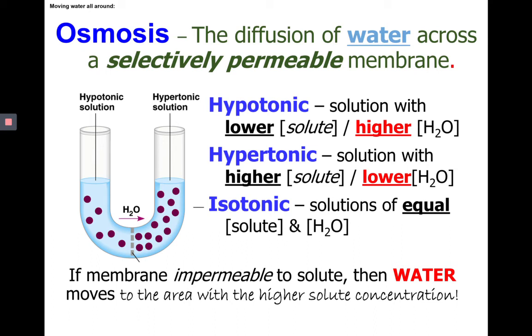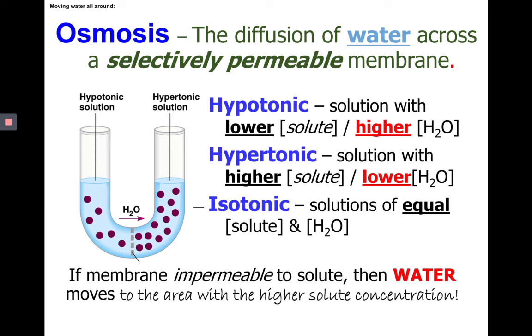Now in this U-shaped beaker, with a membrane that's impermeable to solute, I would not expect any of the dots to change size. But the water can move. We could actually see that water will move from this side to this side because there's more water over here on the left than there is on the right, and we know water can move via osmosis.